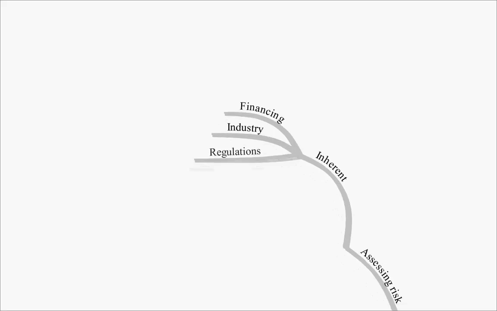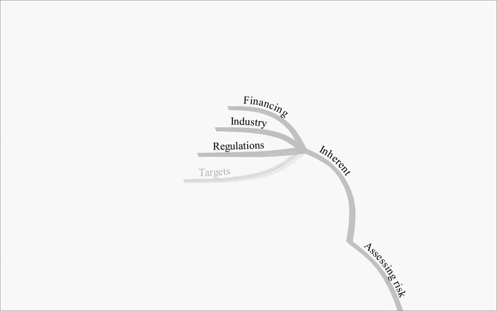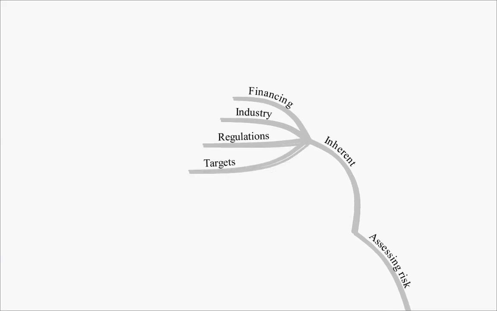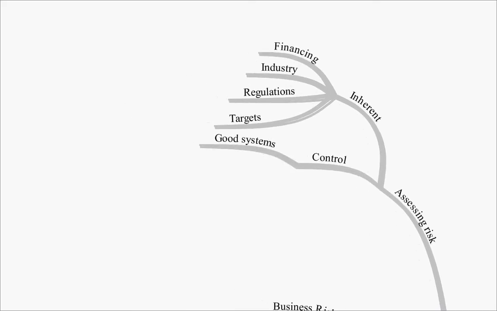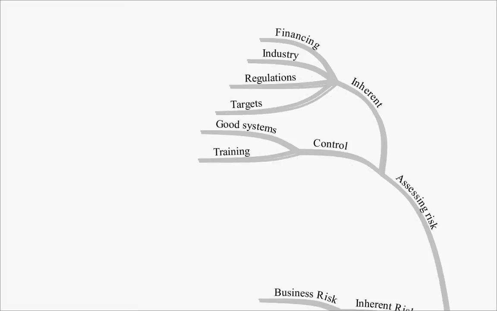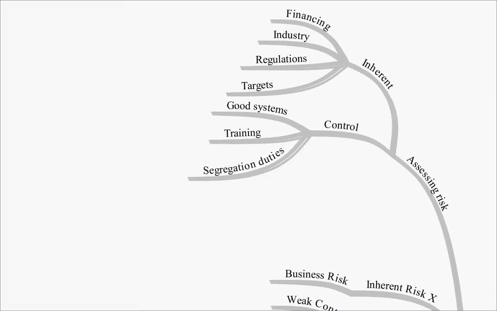Inherent risk, we were looking at things like financing of the business, the industry it's in, the regulations it adheres to, and maybe targets that it sets for itself. Control risk, we'll be looking at things like the systems in place, the training in place, and segregation of duties.